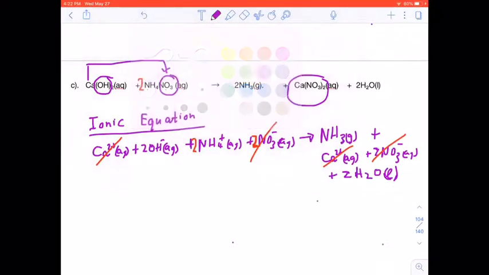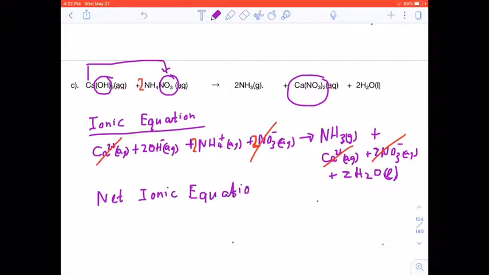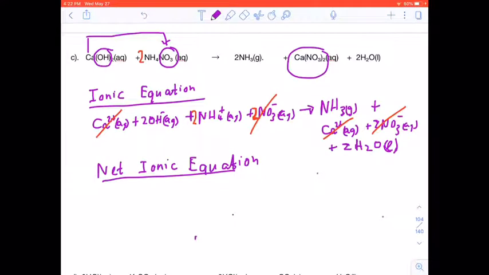So I have now my net ionic equation, which would mean I am left with 2 OH- aqueous, plus 2 NH4+ aqueous.